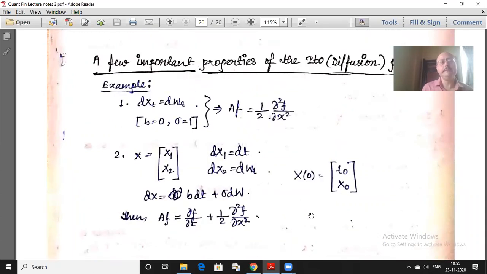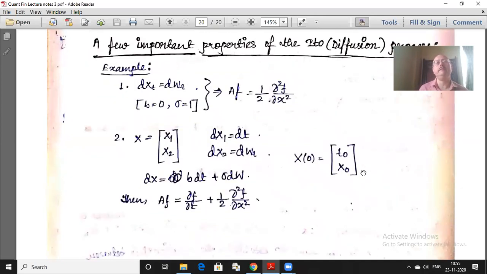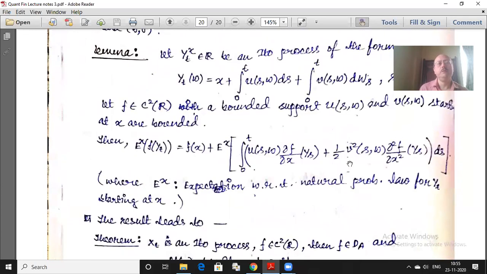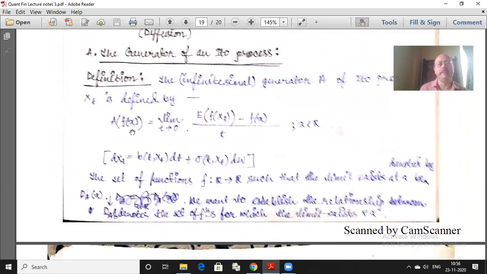Okay, so this is the generator and the Dynkin's formula. These are two of the properties essentially related to the expectation calculation, so that we can study the rate of change for the expectation. This rate of change is usually an important quantity.